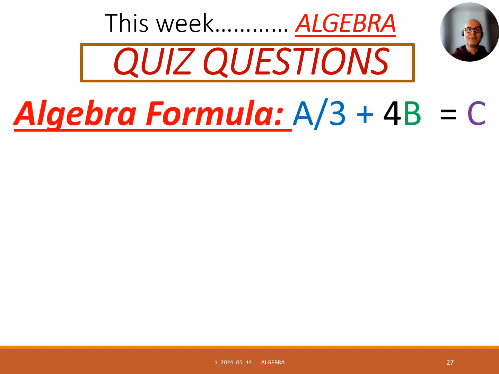And the last example, A divided by 3 plus 4B equals C. A is what we're going to try and work out. B is 5 and C is 24.